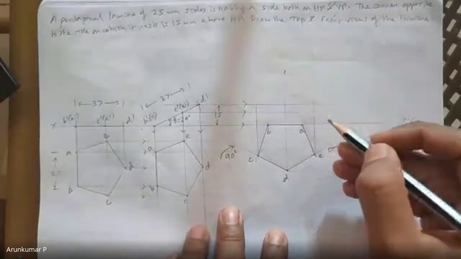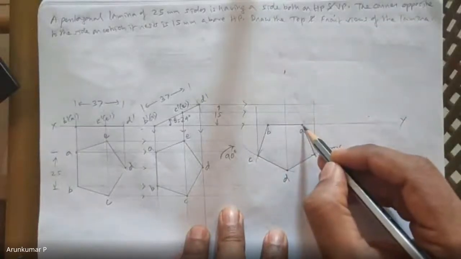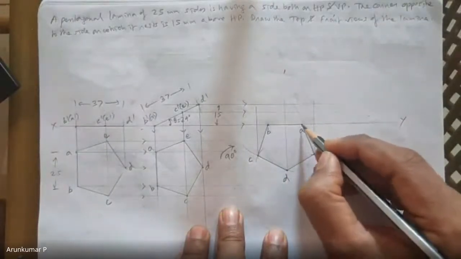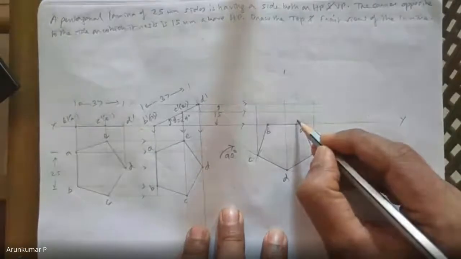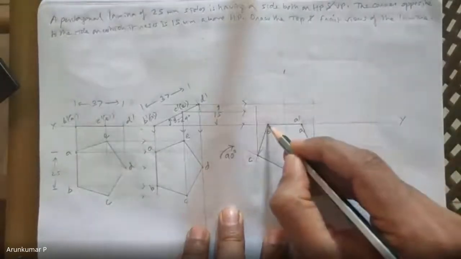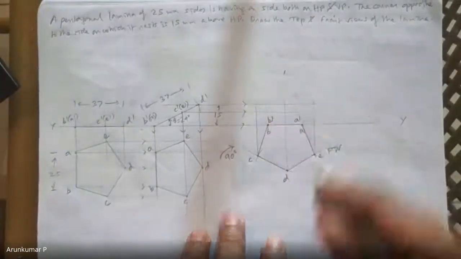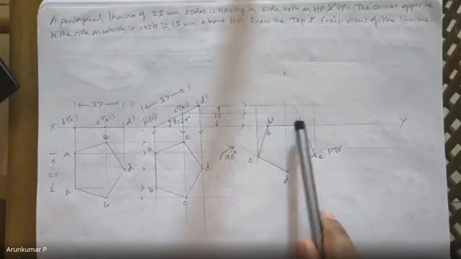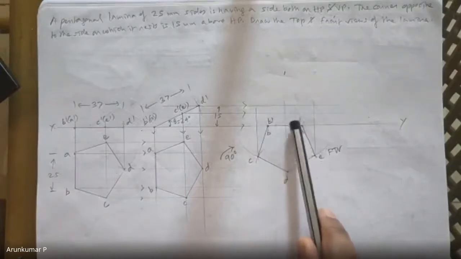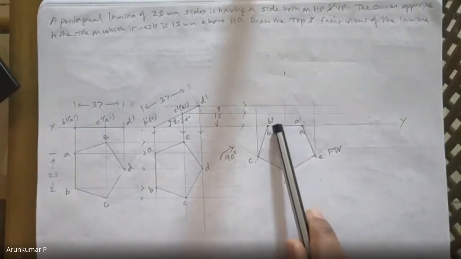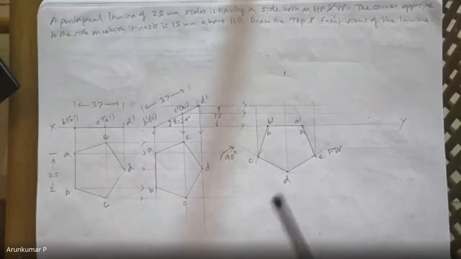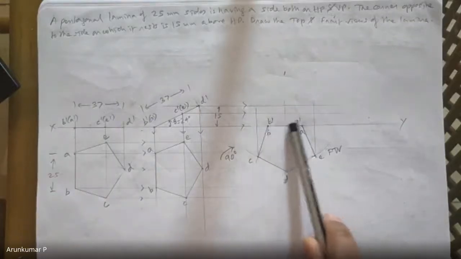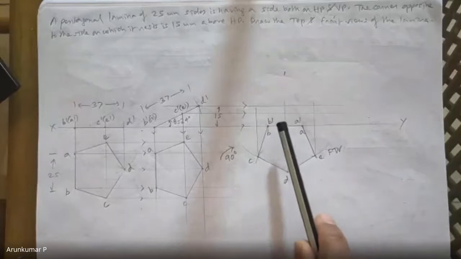So mark the points, intersection of A and A dash, same point. So this is the beauty of this problem. B and B dash, same point. So you can see here, A dash, B dash and AB are at the same location. A dash and B dash are above XY line, AB is below XY line. That's all. The edges A dash, B dash is on XY line.